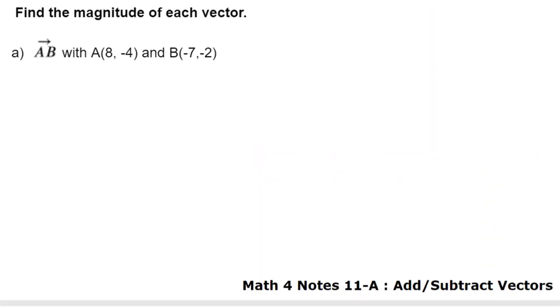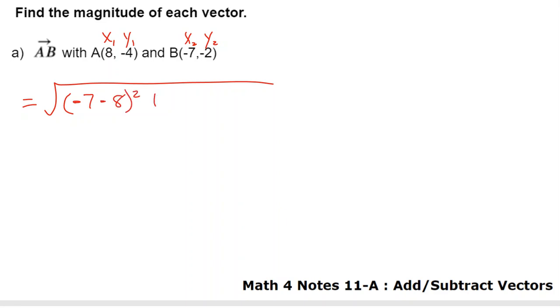All right, so let's find the magnitude. We're going to plug it in, and I always like to go through and label this stuff because it is so much easier to plug in when you're just looking at, there's x sub 2, there's x sub 1, square that. There's y sub 2 minus y sub 1, square that.